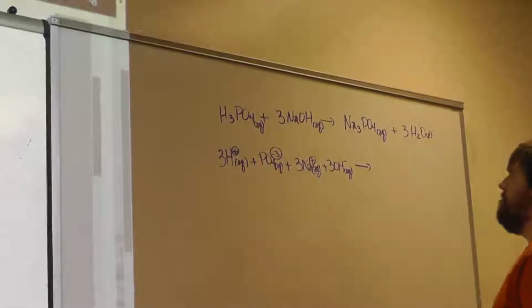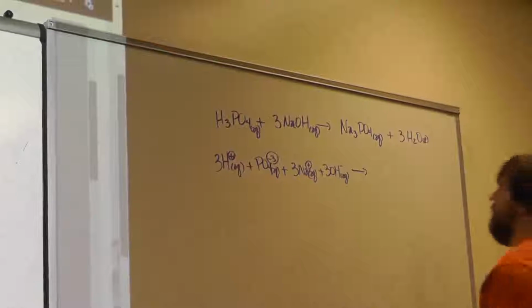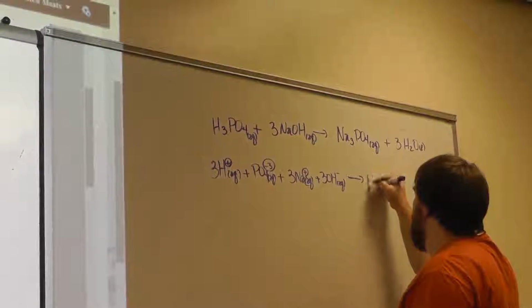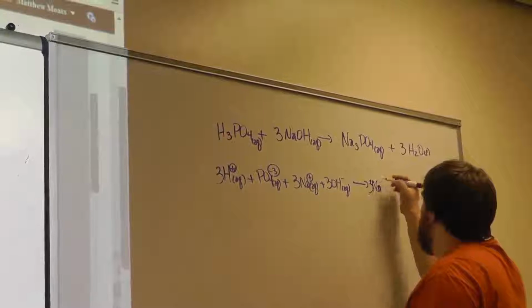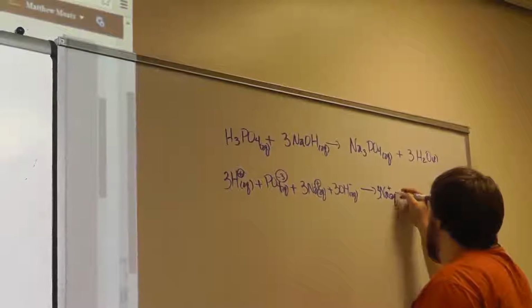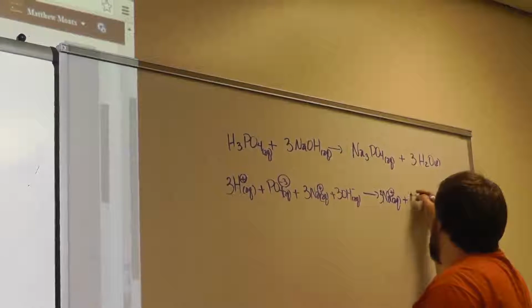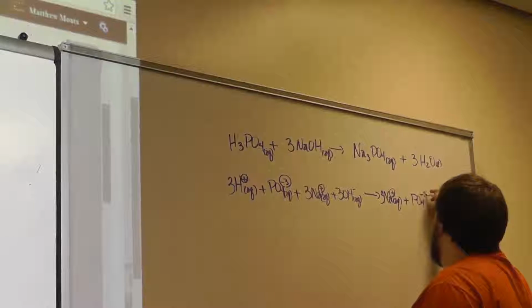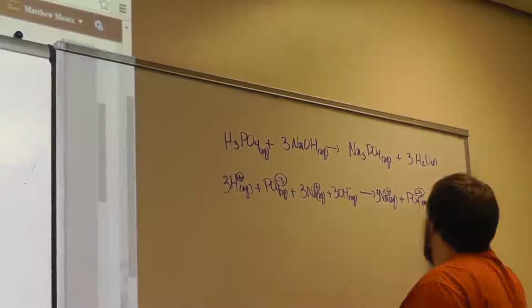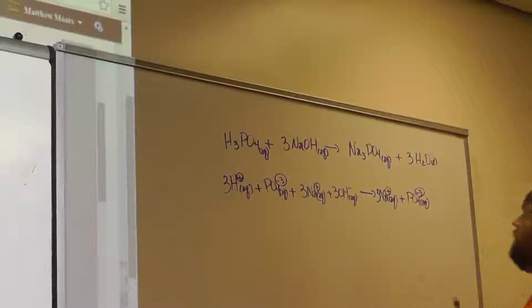Gonna keep breaking stuff apart. So I'm gonna break apart this aqueous here. So 3 sodiums +1, aqueous, and 1 phosphate -3, aqueous. That'd be the total net.